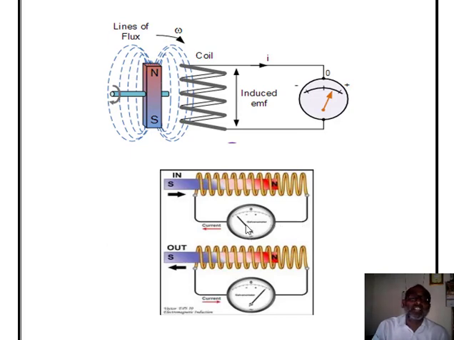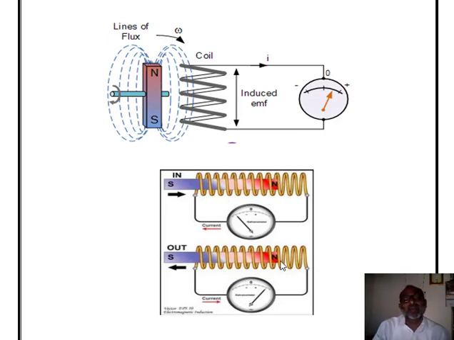Now current starts to flow because an EMF is induced in this coil, which is responsible for the flow of current through this meter. Do you understand? When the magnet moves towards the coil, a current starts to flow through the galvanometer, and it happens due to the EMF induced in this coil. That is experiment number 2.